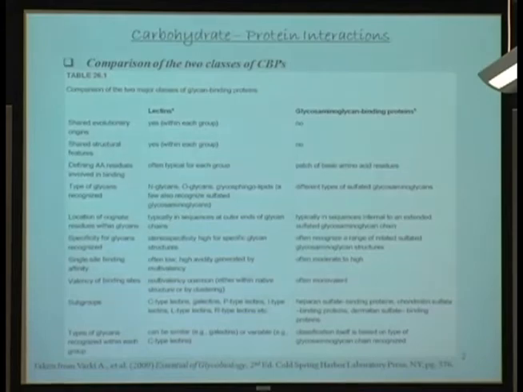Okay. So valency of binding sites: for the most part, lectins are multivalent. So you have several domains that recognize these residues, which is called multivalent or bidentate or tetradentate. For the most part, GAG binding proteins are monovalent. Okay, and obviously there are subgroups, a large number of subgroups.